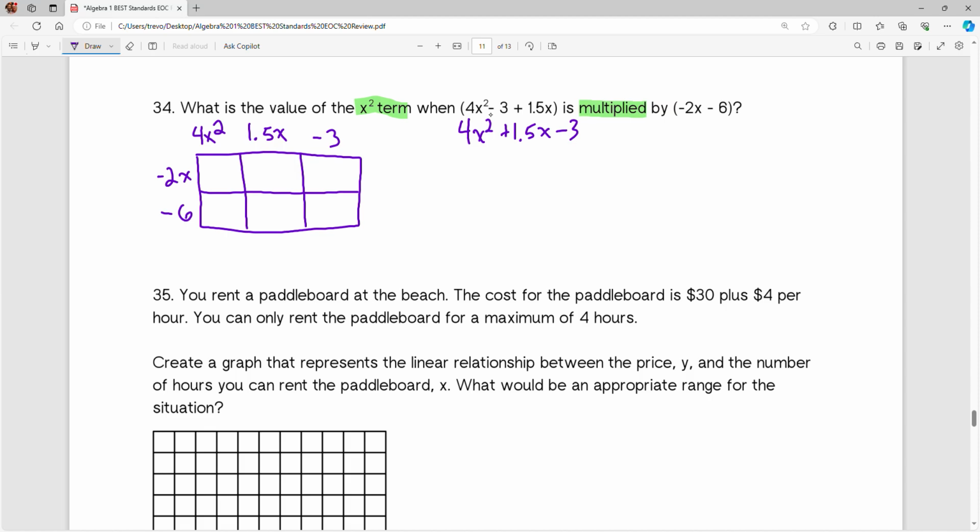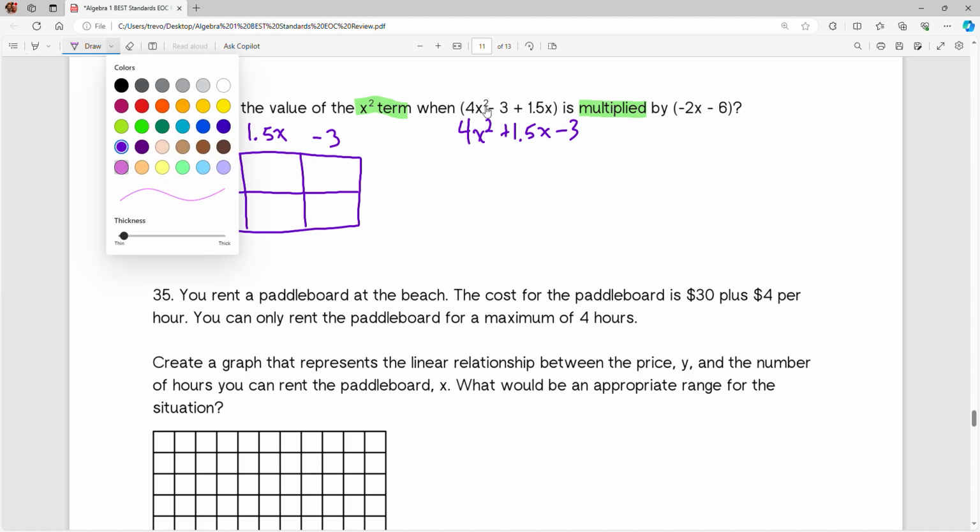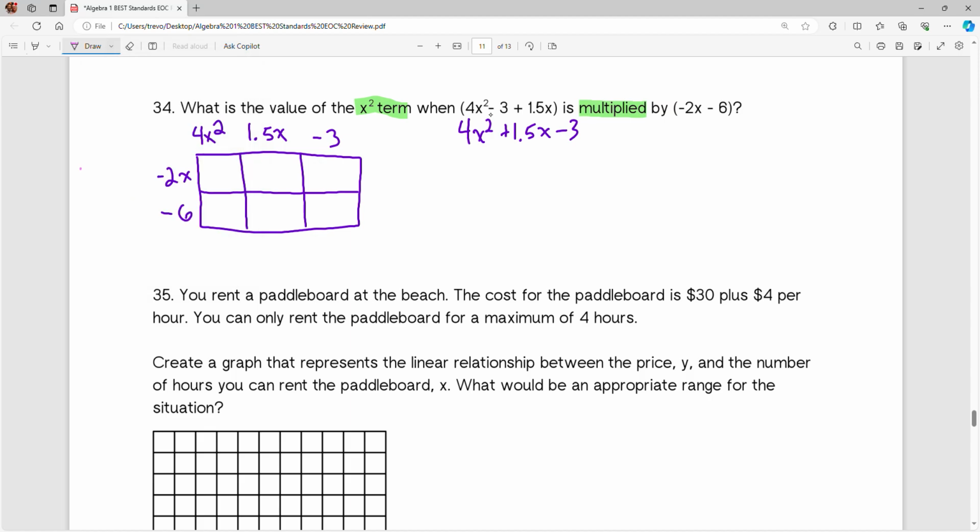So let's see where we wind up with x squares when we're multiplying these. 4 times negative 2 is negative 8. x squared times x is x to the power of 3, not it. But 4x squared times negative 6 will give us an x squared. So 4 times negative 6, positive times negative is a negative, 4 times 6, 24x squared.